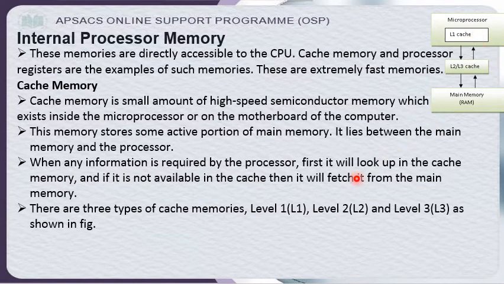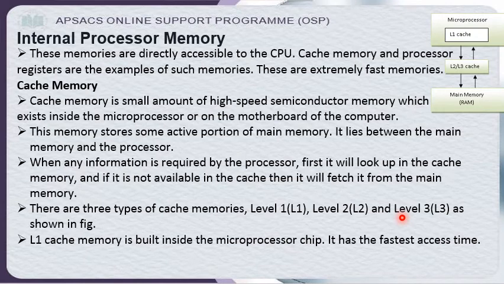So there are three types of cache memories: L1, L2 and L3. L1 cache memory is built inside the microprocessor chip. But here in your book it is written like this, whereas I am going to explain it further: L1 cache is built inside the CPU, central processing unit, not inside the microprocessor chip.